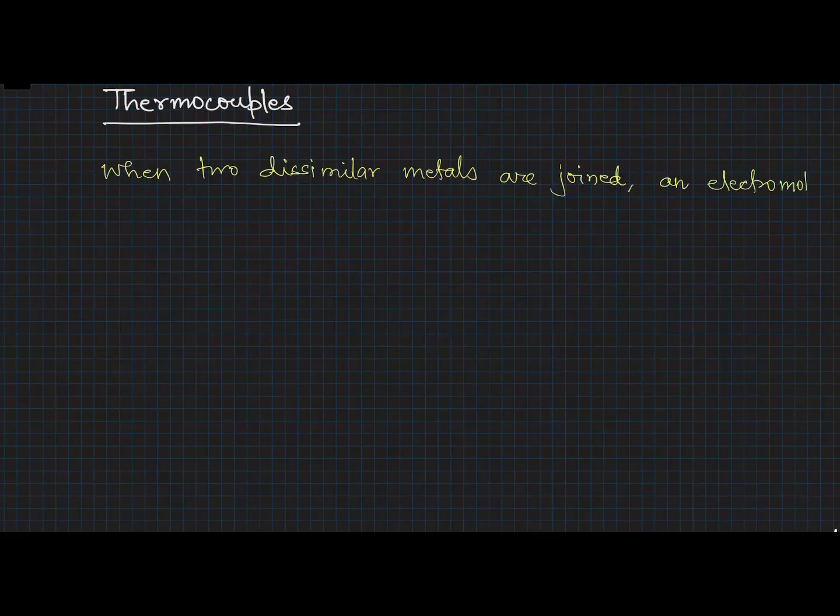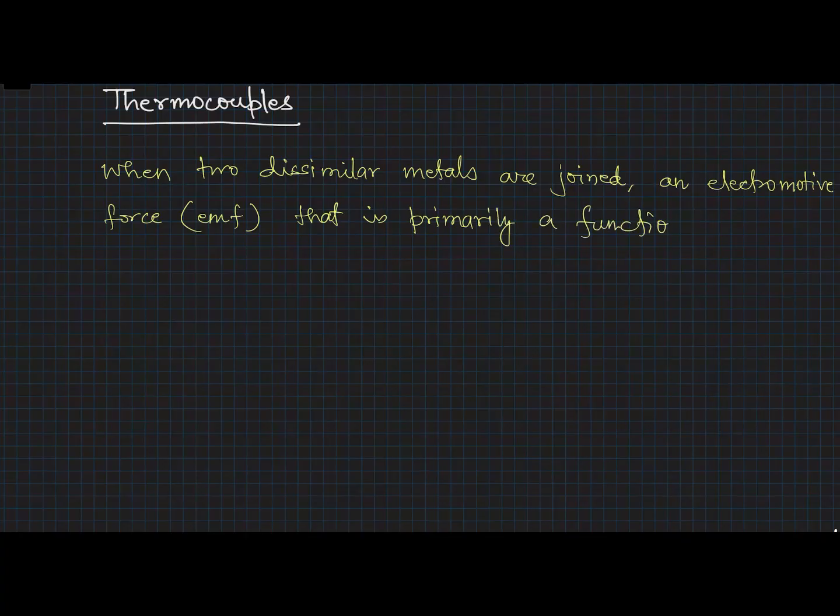So when two dissimilar metals are joined, an electromotive force, EMF, or voltage that is primarily a function of temperature, will exist in a circuit.